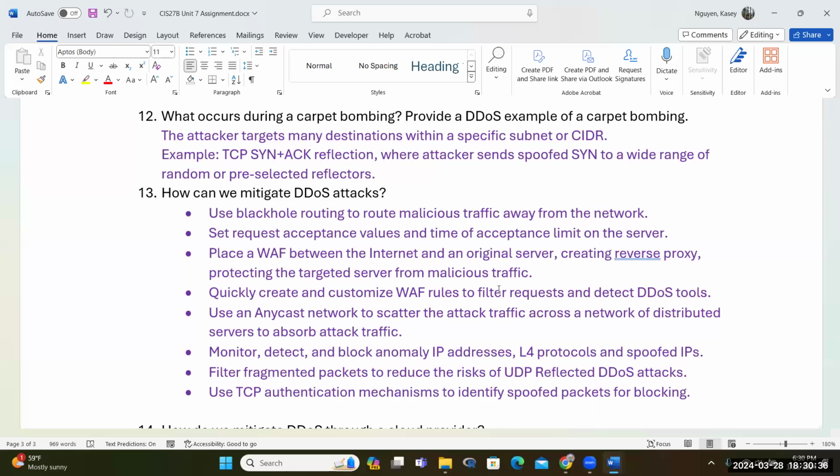A black hole router, it's just you set a route. Let's say that traffic arrives at your facility and goes through the firewall fine. And after the edge firewall, you have your router. On that edge router, you would set up a check.